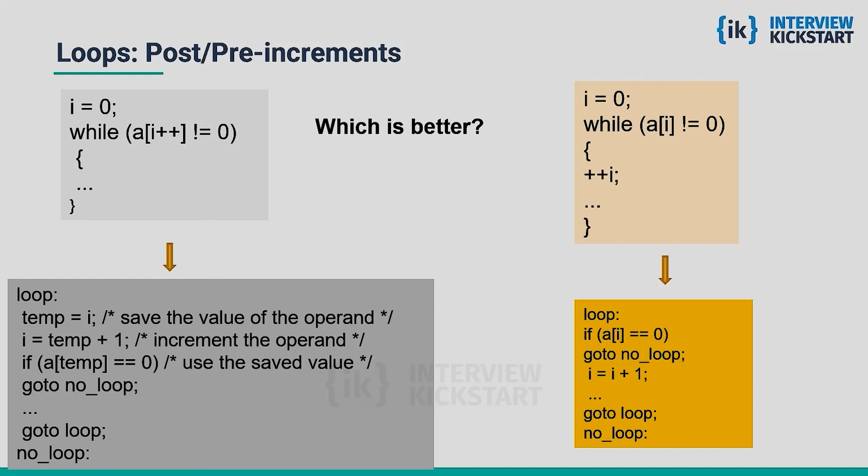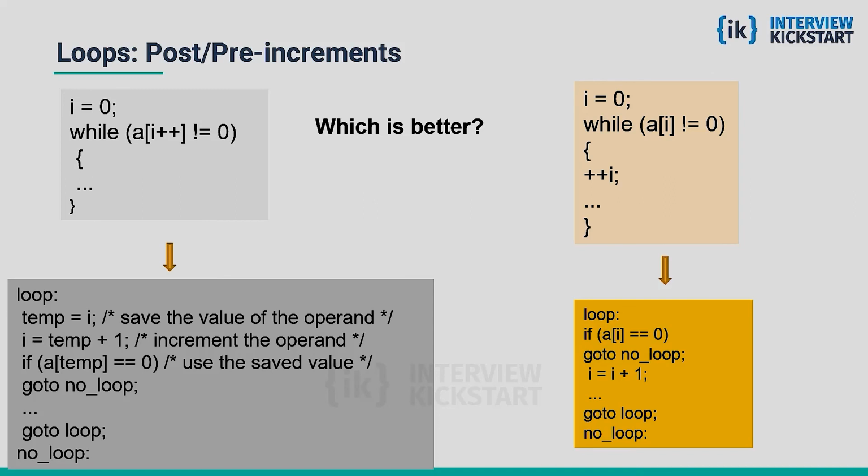So if the value of I after the loop is irrelevant, it is better to place the increment inside the loop body. The second version can be executed without a temporary variable. So this temporary variable is not required here. The reason is that the C standard specification semantics of post increment states that the result of the postfix plus plus operator is the value of the operand.